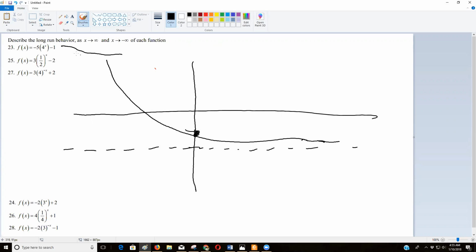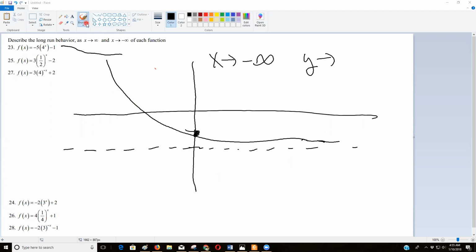And all they're really asking us to do is the ending behavior. So as x approaches -infinity, what's happening to this graph? As x goes out to -infinity, y is getting larger and larger and larger.